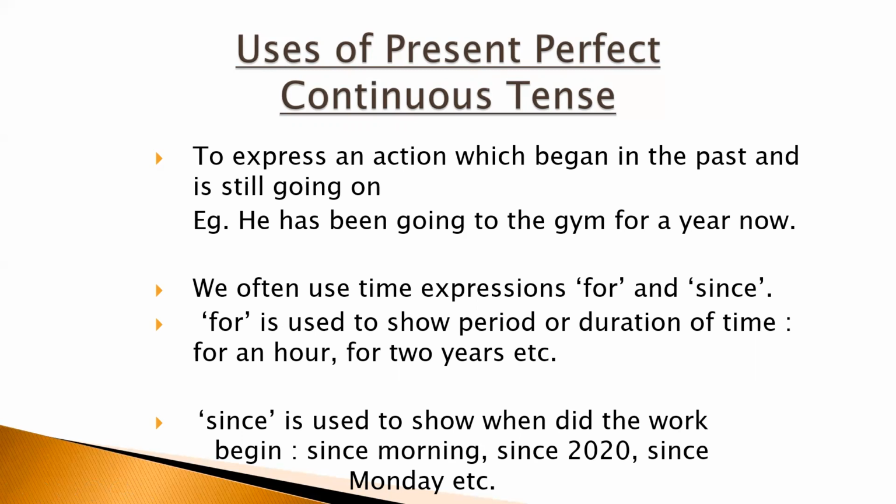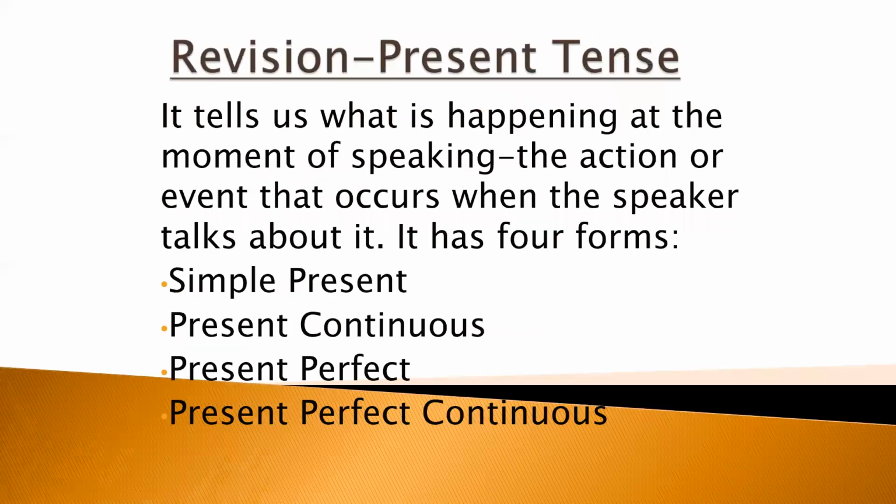It went on for 1 year or 2 years or 1 week or 1 hour, that we are not clear, but we mention the time when did it start. Like he has been playing since morning, means he started playing in the morning. So these were the uses of present perfect continuous tense. I hope this is clear to you.